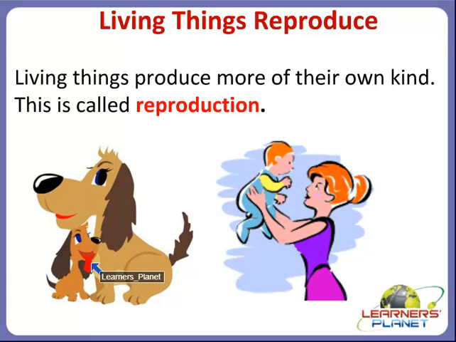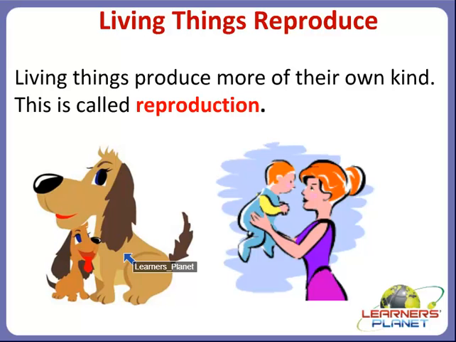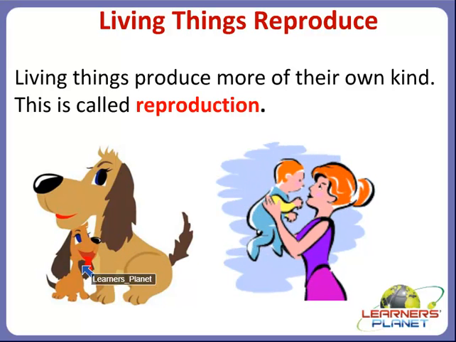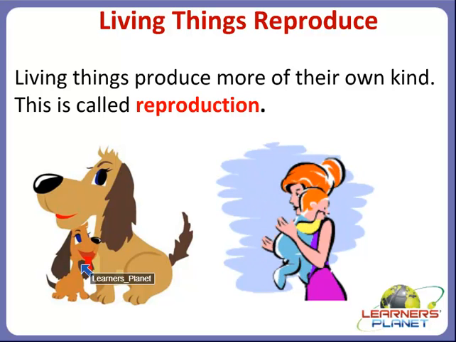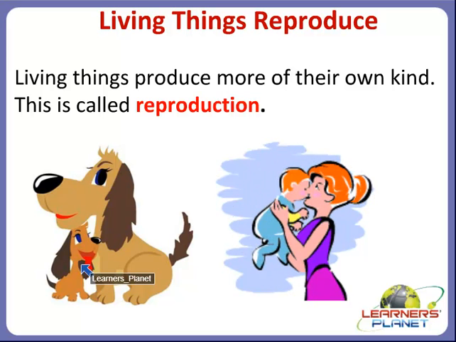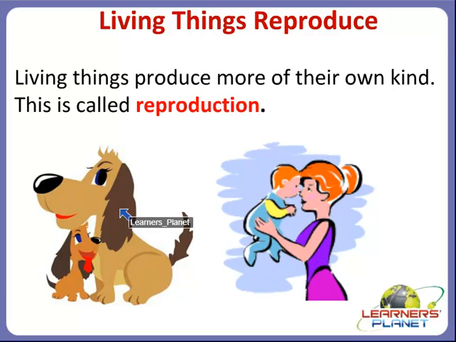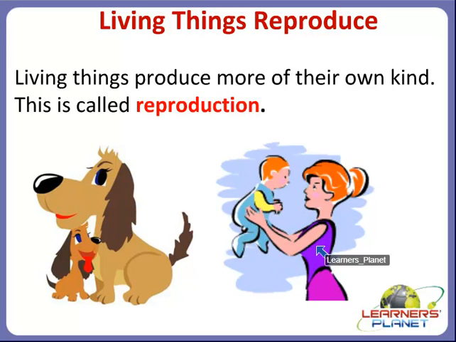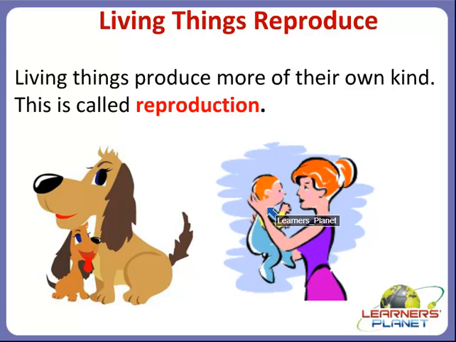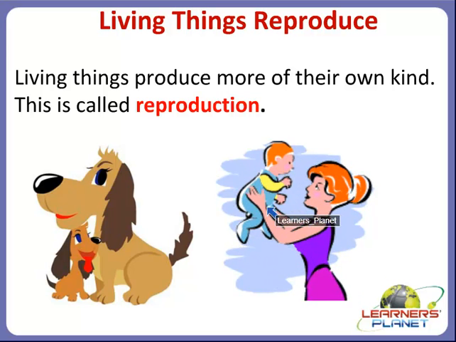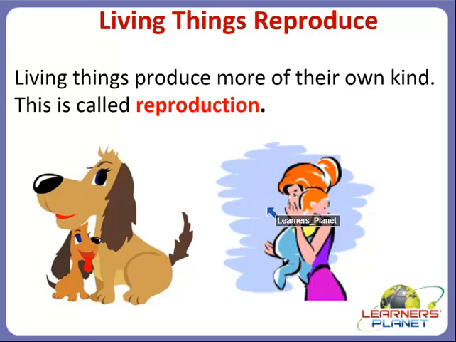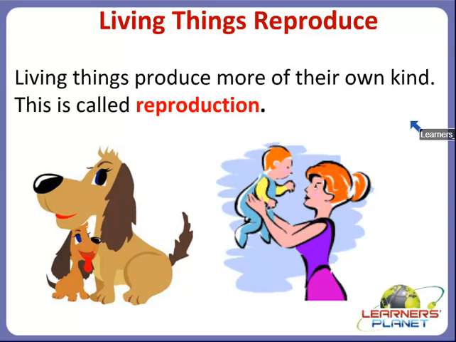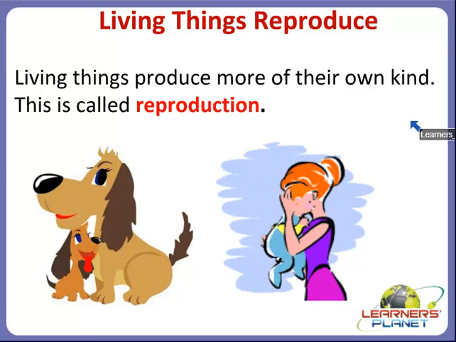For example, a dog is with her puppy. For example, human beings, we can see a woman with her baby.